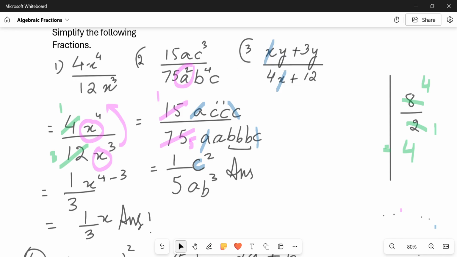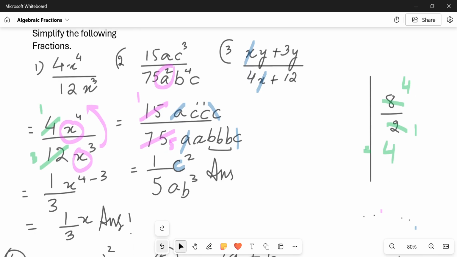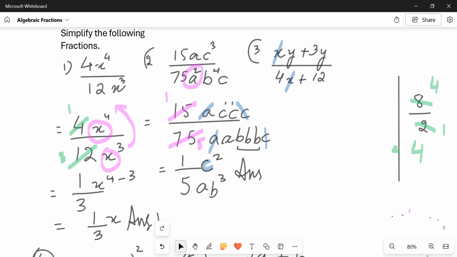Let me delete this because this is wrong. Okay, now here we cannot cancel x and x, right? The reason is that it's an expression, there's a plus sign between them. So what we need to do here is factorize it.